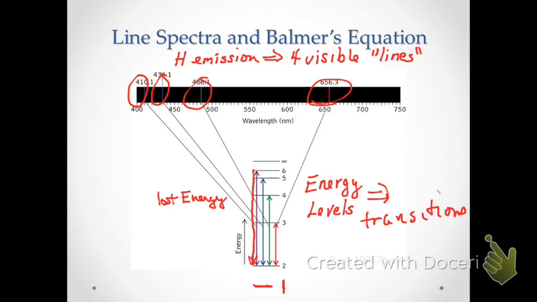So the lost energy, which we'll call delta E, is equal to the energy of the emitted photon, which we know from our past discussion is equal to h nu, where nu is the frequency of the photon, or in terms of wavelength, it's equal to hc over lambda. So the wavelength corresponding to that violet line allows us to determine the energy difference between level 6 and level 2, as indicated in this diagram.